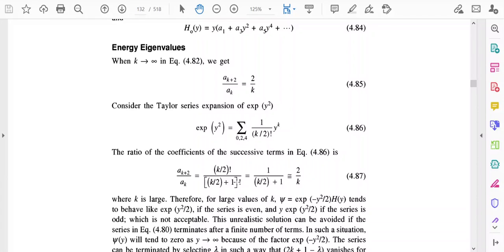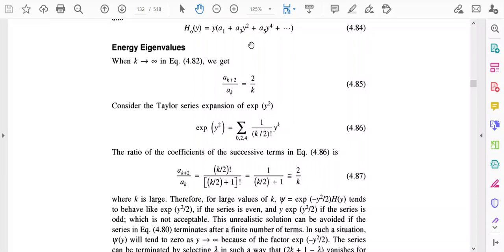As I have told, 5 factorial means 5 into 4 factorial. So in the denominator there is k by 2 factorial, and in the numerator also k by 2 factorial, so they will cancel out, and in the denominator only k by 2 plus 1 will be there. If we assume that the value of k is very large, then this plus 1 can be neglected. So this will be only k by 2, and ultimately this will be 2 by k.